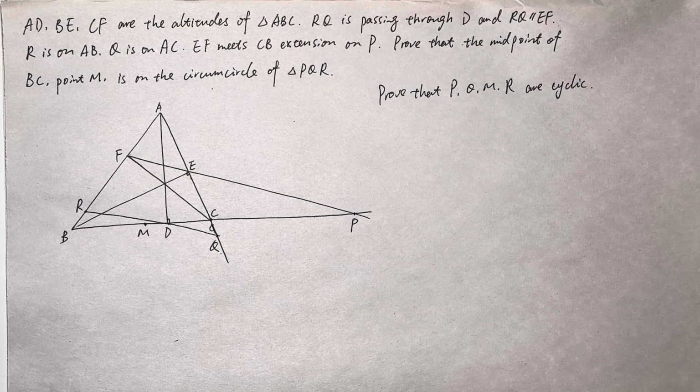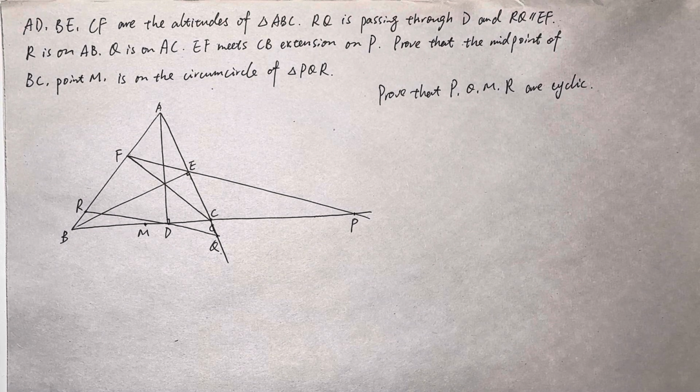And can we use the Ptolemy theorem? Obviously not, because we don't have any segment relations like ratios, and the parallel line cannot provide us enough relations. So the Ptolemy theorem is not suitable for this problem.